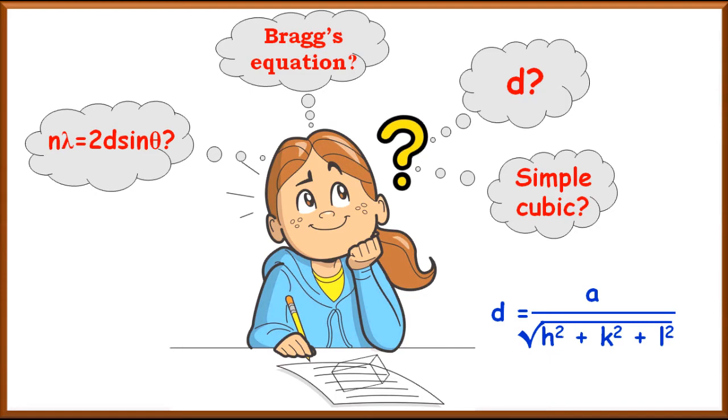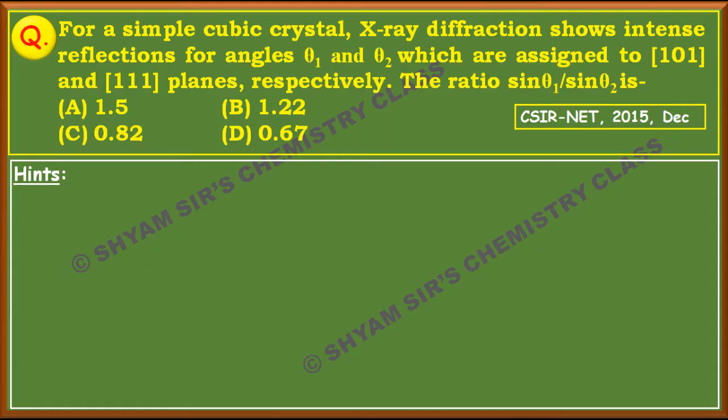Just now I have shown that n lambda equal to 2d sin theta, and n and lambda will not change because the X-ray diffraction is given for the same crystal, only two diffraction angles are given. So you can write n lambda equal to 2d1 sin theta 1, and n lambda is also equal to 2d2 sin theta 2.